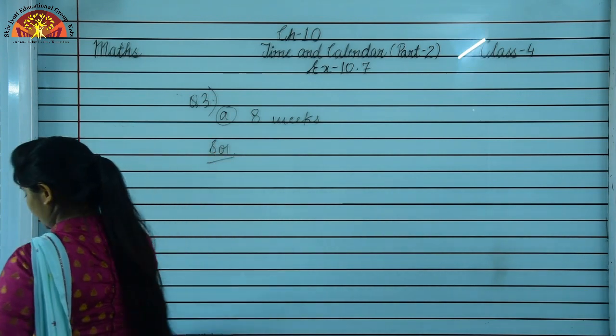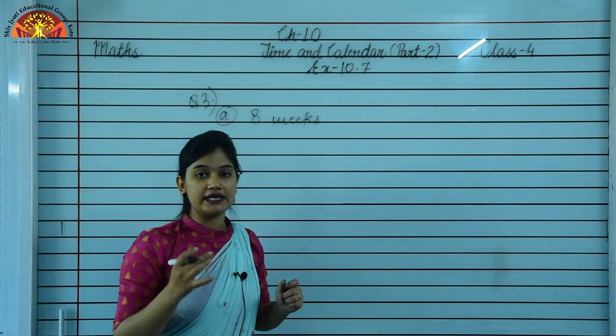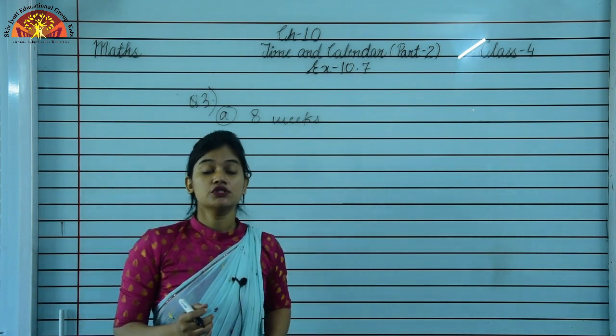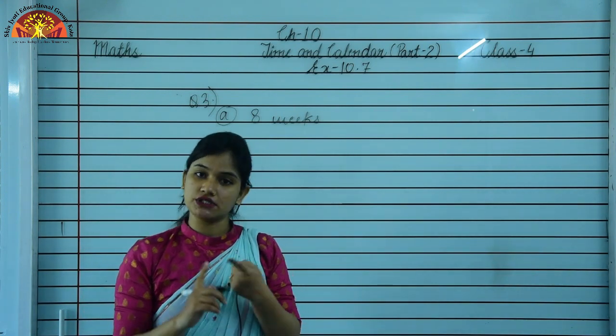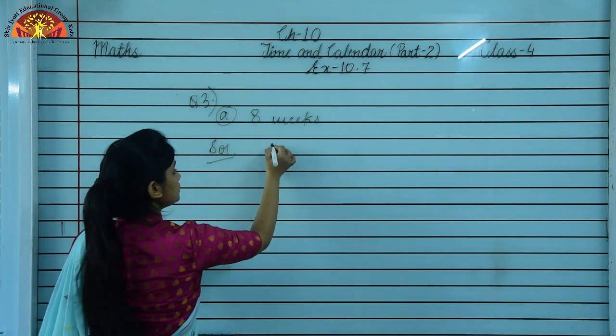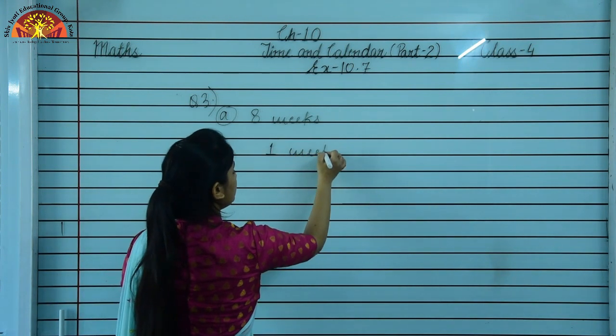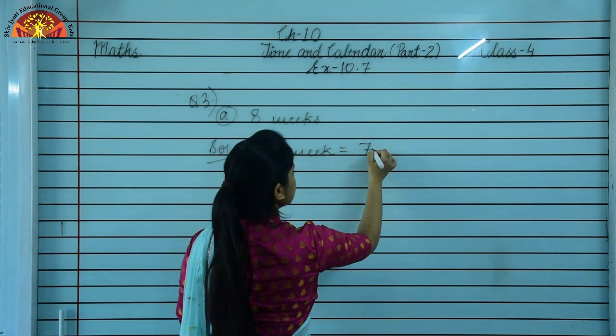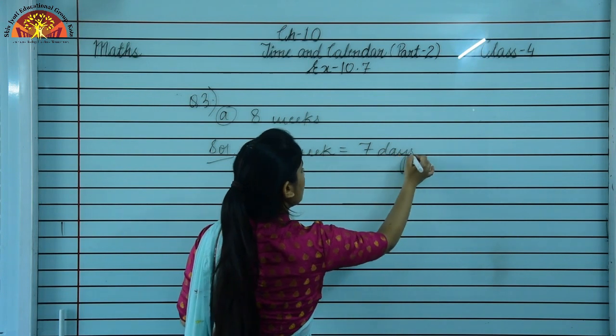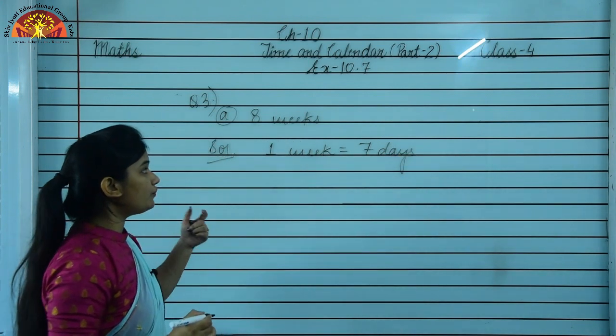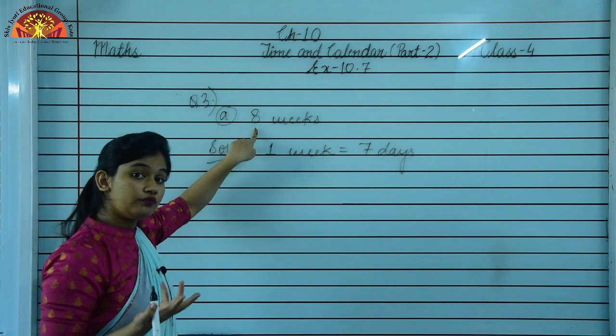So now again we have to see how many days are there in 1 week. So students, 1 week is equals to 7 days. So first of all we will write 1 week is equals to 7 days. Now we have to find the number of days for 8 weeks. So again what you will do?